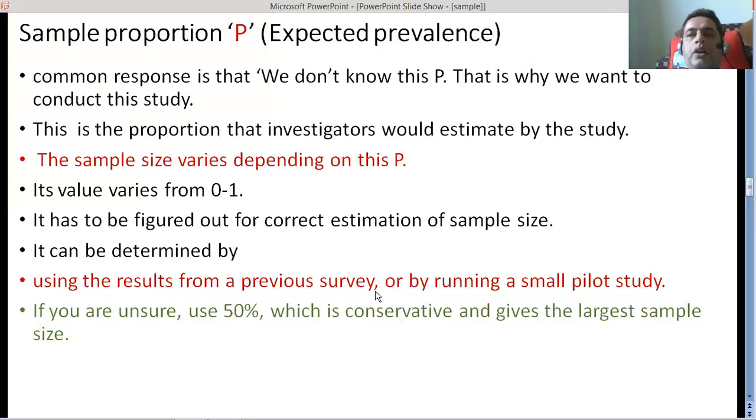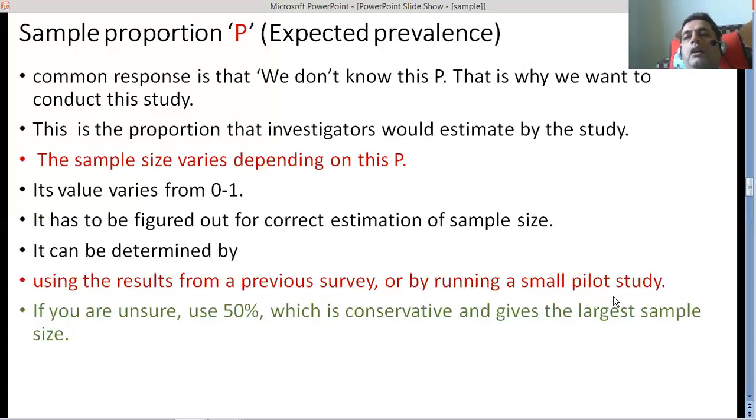For instance, if you are going to determine the sample size for hepatitis C virus in a particular region, you can search on the internet and figure out from the papers what prevalence has been recorded earlier by other investigators, and give that value in this equation as mentioned in the paper. Or by running a small pilot study.